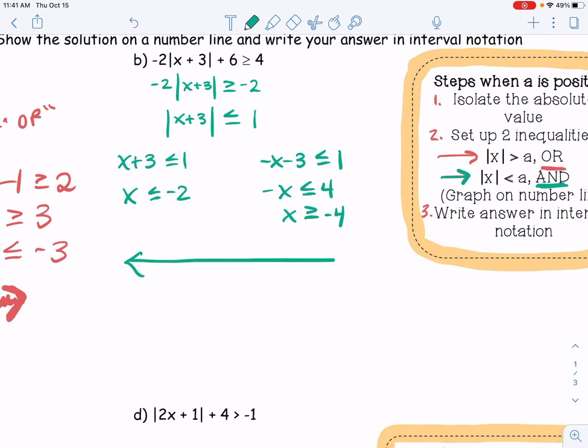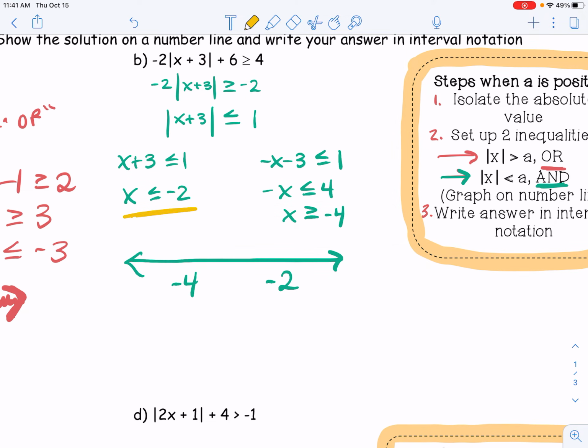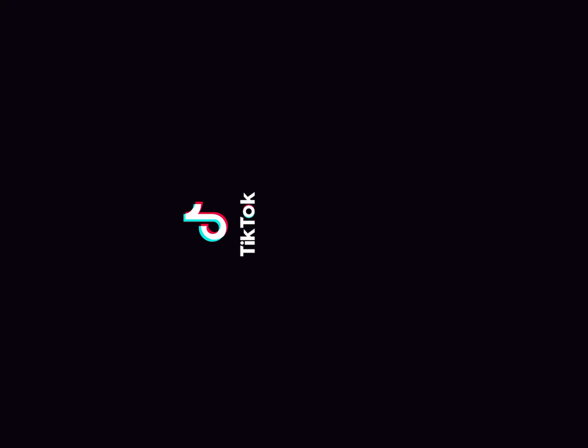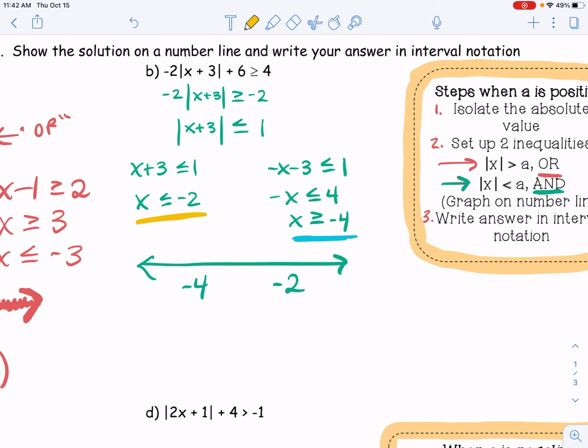So here's our number line. We have the -4, we have the -2. Let's say I'm doing this one in yellow, and this one in this blue color. If I have the yellow, I want x is less than or equal to -2. That would be a solid dot at -2, and everything would be shaded to the left, right?